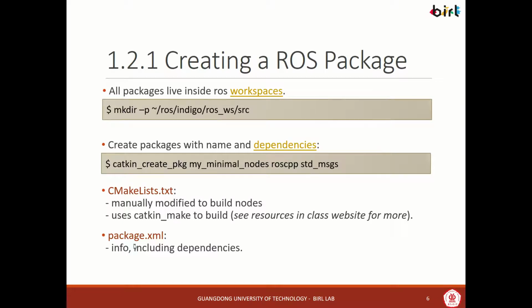And the second file is going to be package.xml. This is simply an information file. It's going to say what's the name of this package, who created it, what's their email, a basic description, and what are the build time and runtime dependencies of the file. So it'll say, hey, you're using ROS CPP, you're using standard messages, and a few other things.